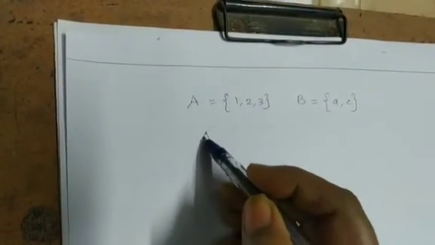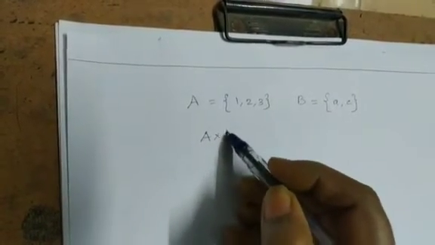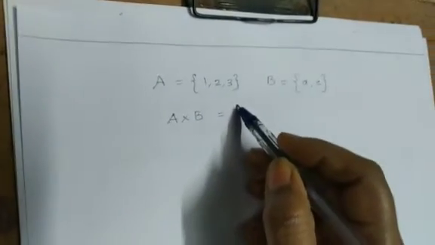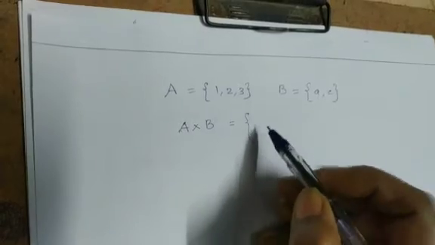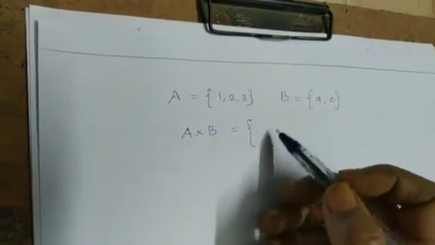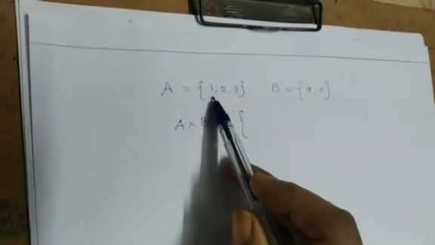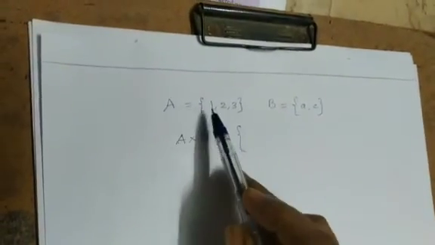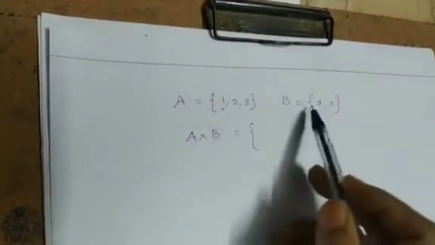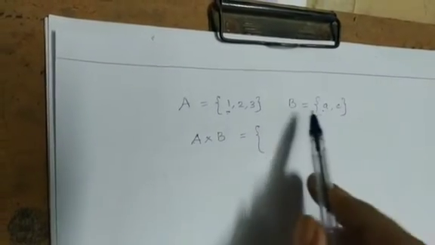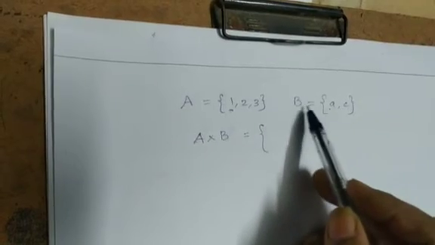We are going to find the Cartesian product of these two sets, A cross B. What is A cross B? We have to write the elements in ordered form. The set of all ordered pairs is the Cartesian product, you know. How to write it: each element of the set A is paired with all the elements of set B.